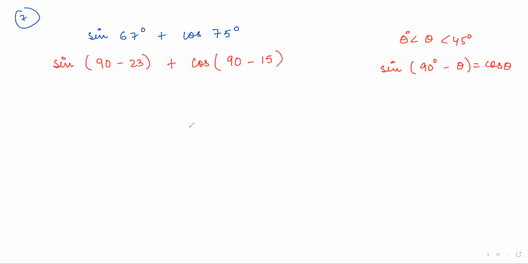So I am simply just converting these here. Now sine of 90 minus theta will become cos theta, right? So this will become cos of 23 degree plus, now cos of 90 minus theta will become sine of 15 degree. So you can see the angles have reduced now. They are between 0 and 45 degree.